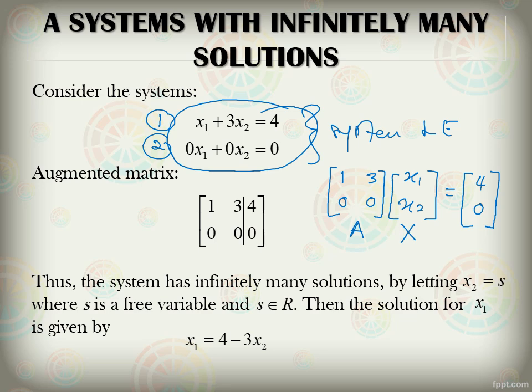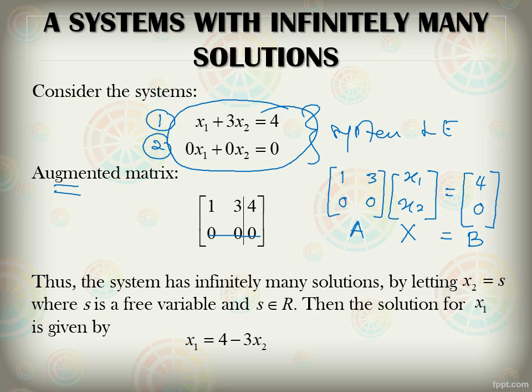So this is your X, capital X, which is equal to B. This is the matrix form, and you rewrite this into the augmented form, where you separate matrix A and matrix B with a straight line. Since we know this is all 0, we can only solve for the first linear equation.